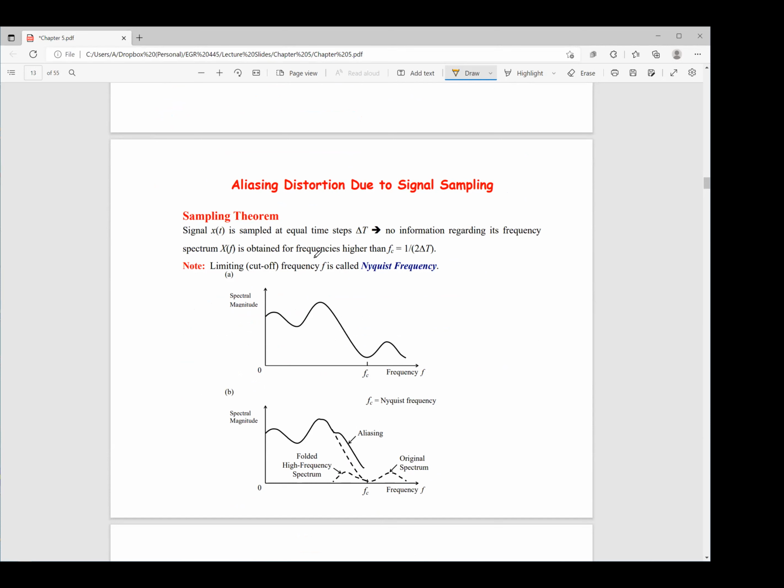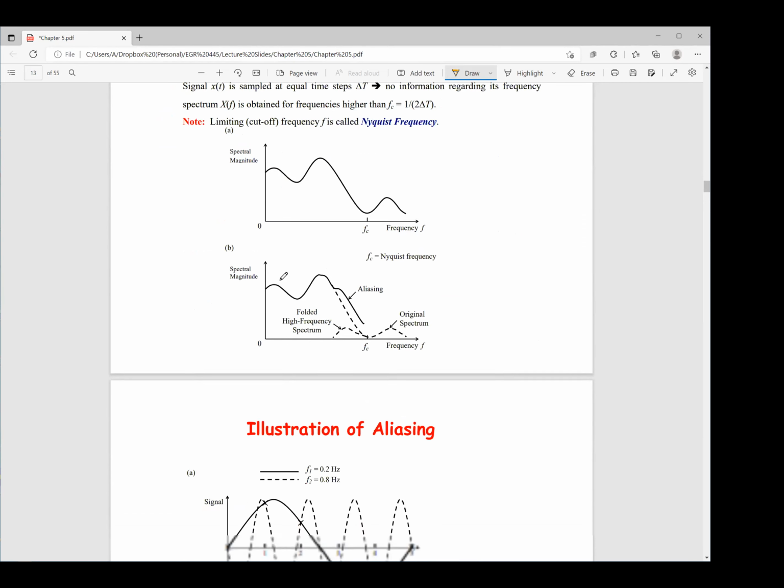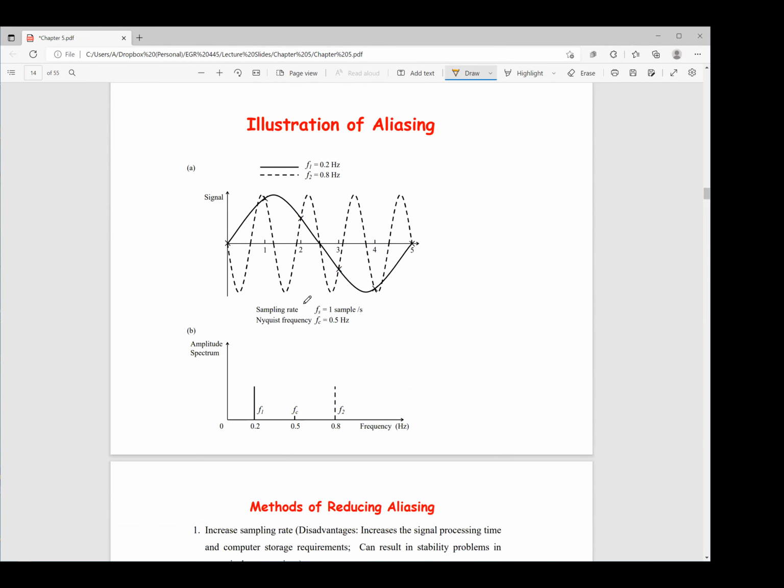Because of aliasing, you get additional characteristics or additional data that actually is not there, but that happens because of the interplay between the sampling frequency and the frequency of the signal.